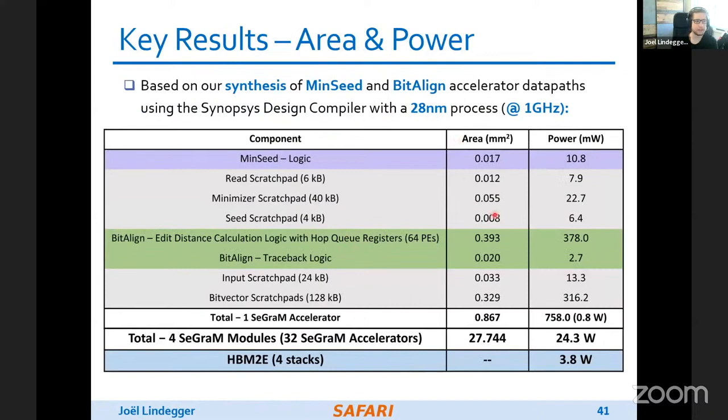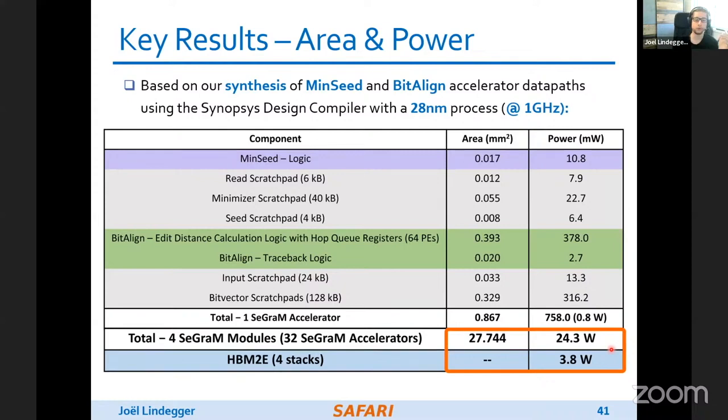So on the synthesis side, we get area and power numbers. You don't need to look at this entire table, just some key points. First of all, if we have 4 of these SeGraM modules, this is a fairly cheap accelerator to build. The entire thing uses only up to 24 watts, which is much, much less than a regular CPU in your desktop PC, never mind a server CPU.